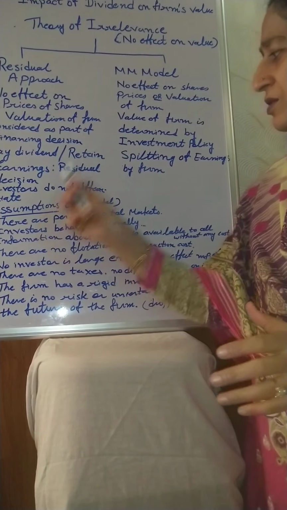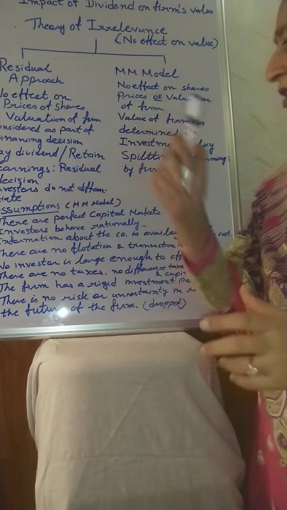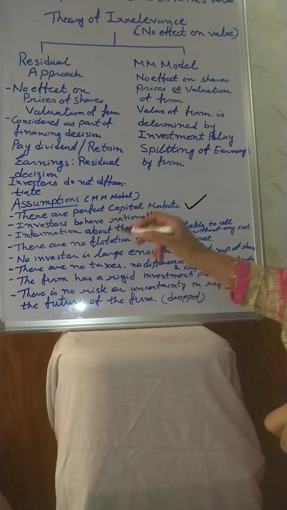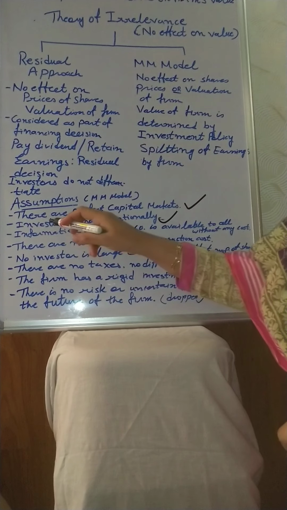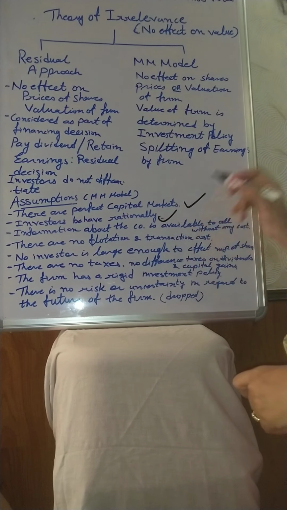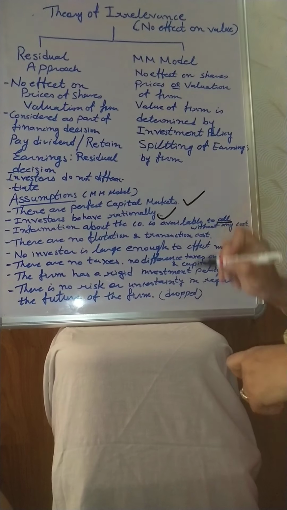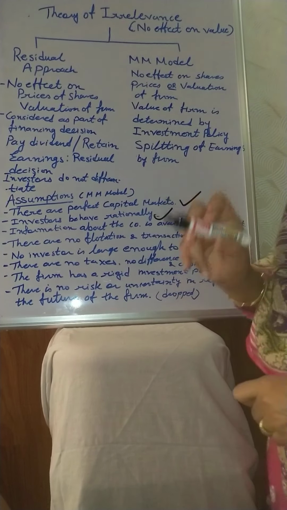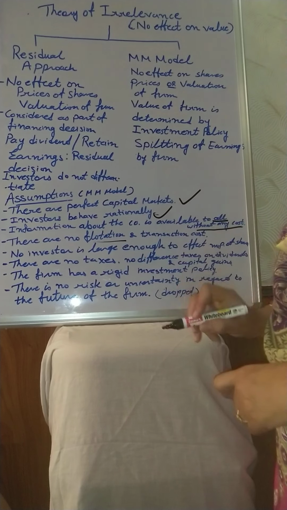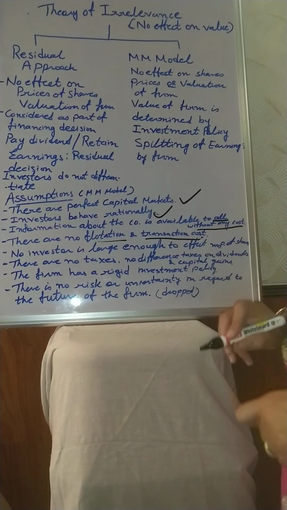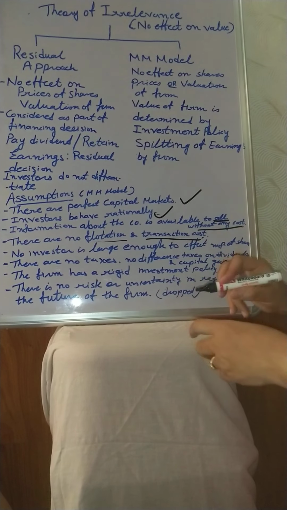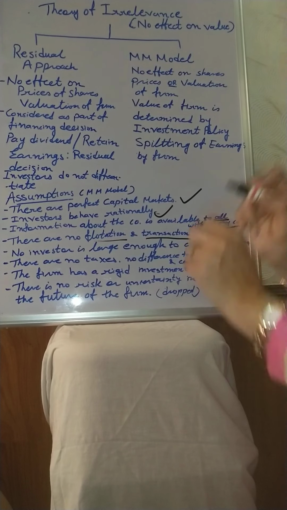Now let's discuss the assumptions. There are many assumptions. The first assumption: there are perfect capital markets. The investors behave rationally. The information about the company is available to all equity shareholders without any cost. There are no flotation costs or transaction costs. No investor is large enough to affect the market price of the shares.